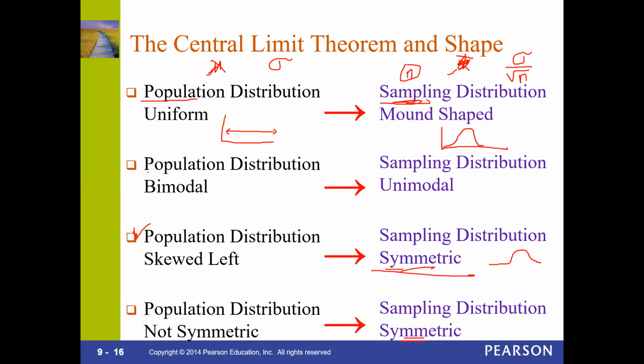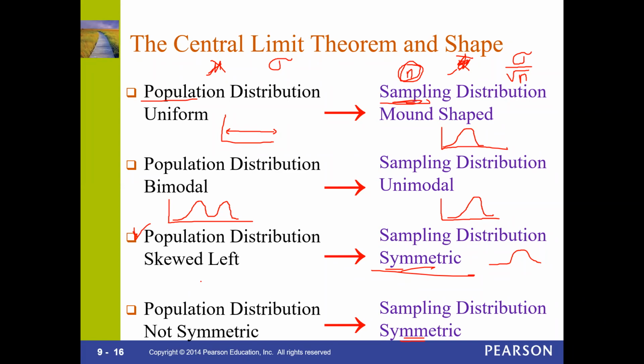And if you have a population that is bimodal, that means the distribution has two peaks like this, but if you have a large n, it becomes unimodal. That means you're going to have the same thing here.